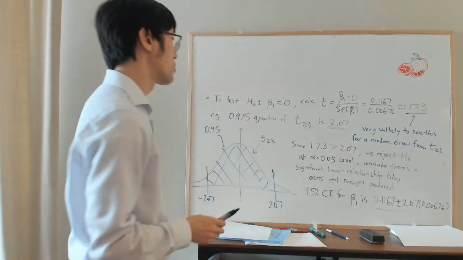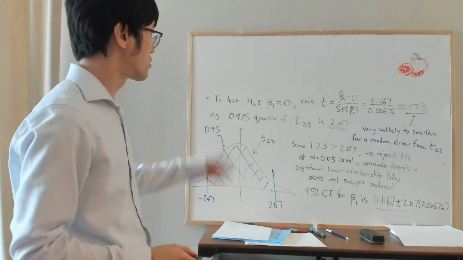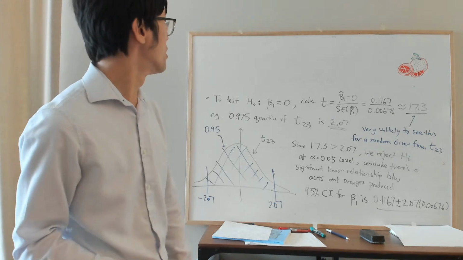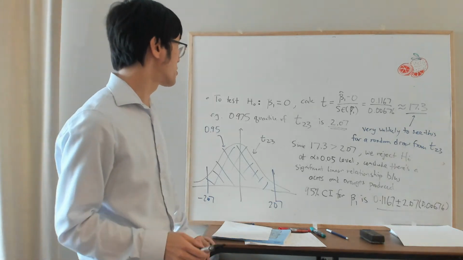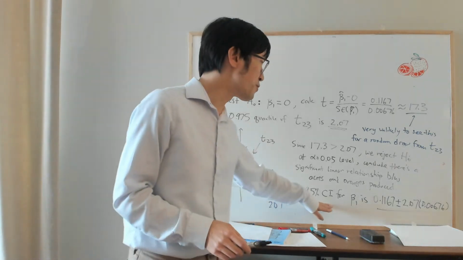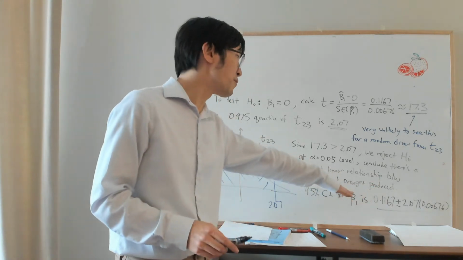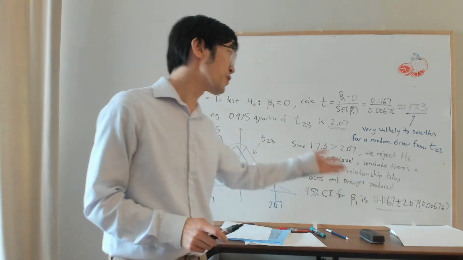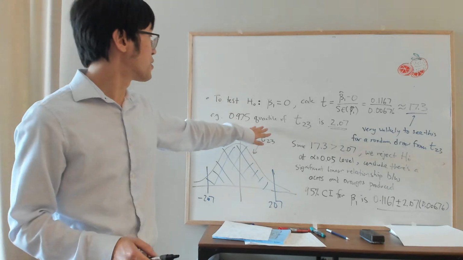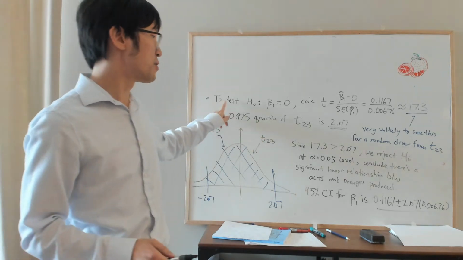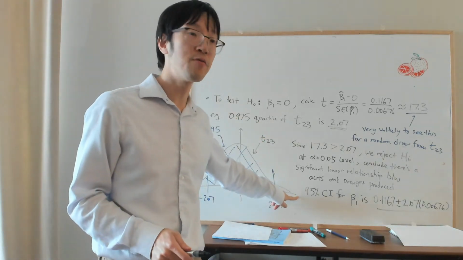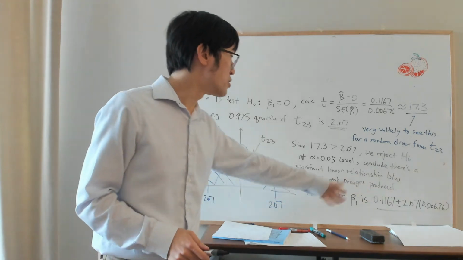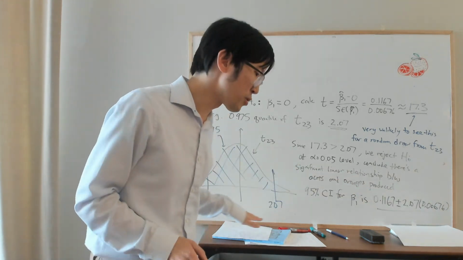So there's a correspondence between these two conclusions. If the hypothesis test is significant, then your confidence interval will be significantly different from 0, and vice versa. If this hypothesis is not rejected, when we calculate the corresponding confidence interval, we will notice that 0 is going to fall inside the confidence interval.